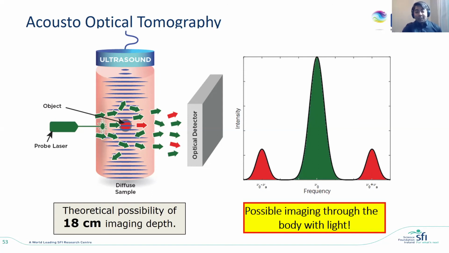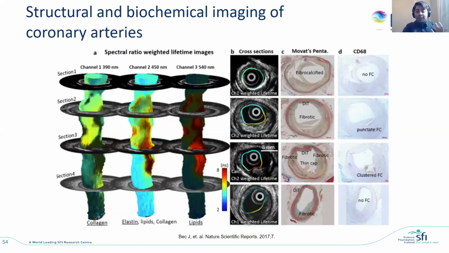Another way that optics is advancing is that there are very small devices where we can look at the biochemical profiles even inside the blood vessels. This is the biochemical profile we have of coronary arteries. Inside the arteries, you would be able to see where collagen is located, where lipids are, or elastin.